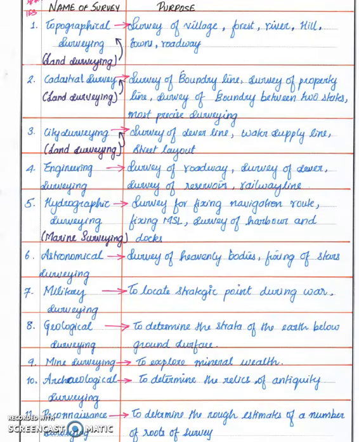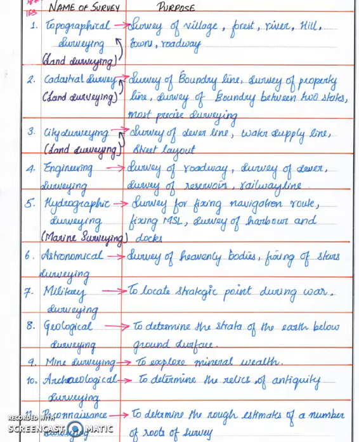Types of survey. Generally, a survey can be done on the land, on the water, or in space. If a survey is carried out on the land, it is called a land survey. If conducted on water bodies, it is called a hydrographic survey.